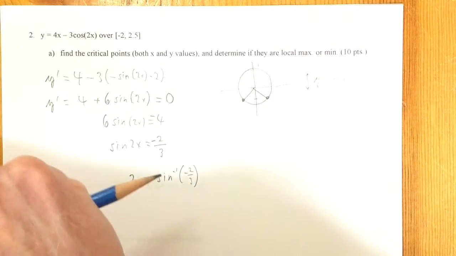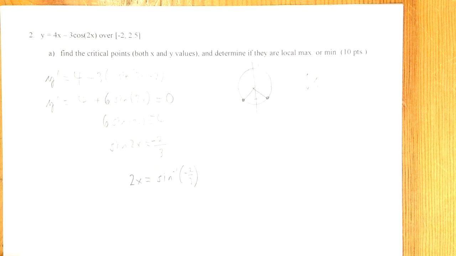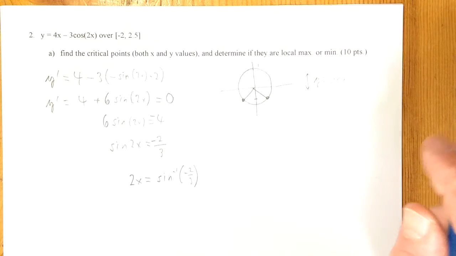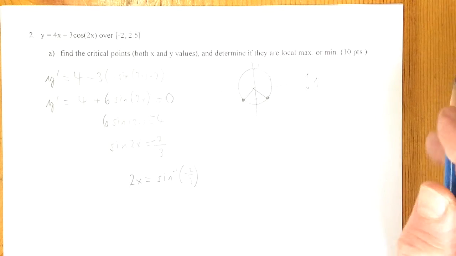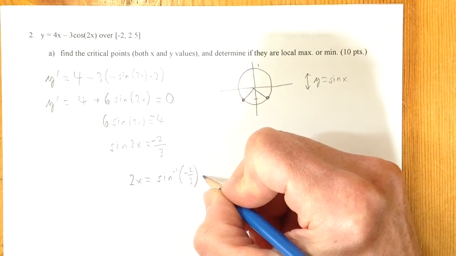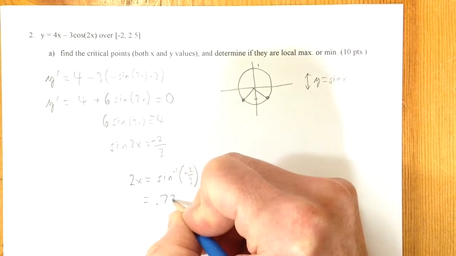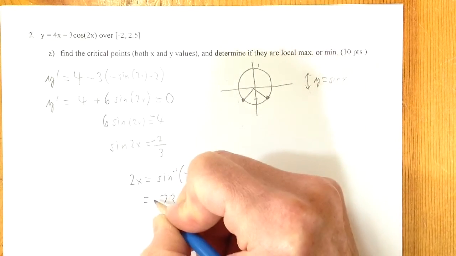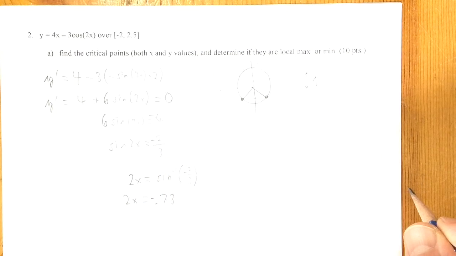This has to be in radians, so I'm going to change my calculator to radian mode and do that over again. So negative 2/3, inverse sine, in radian mode, I get 0.7297, let's say 0.73. So it's negative 0.73 radians. So 2x is negative 0.73 radians.